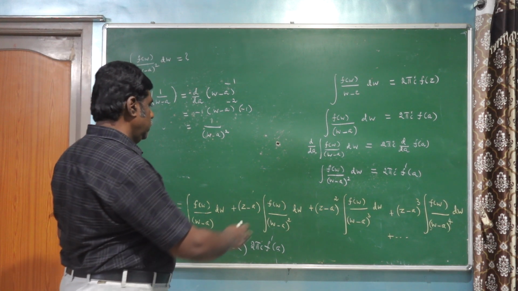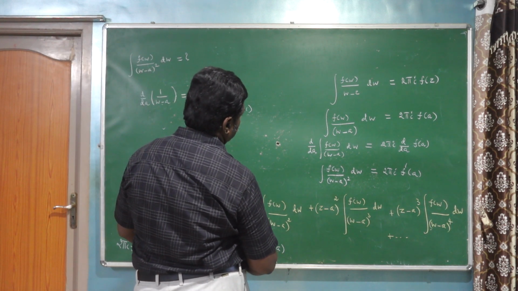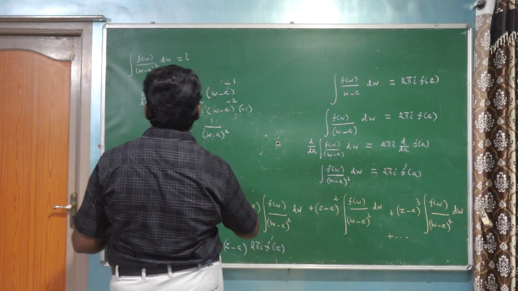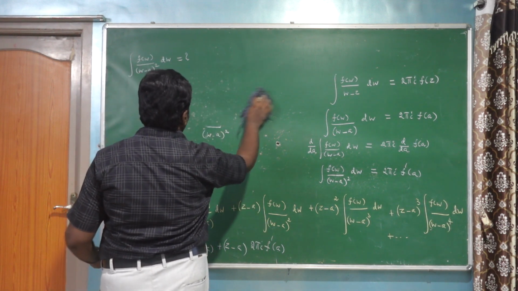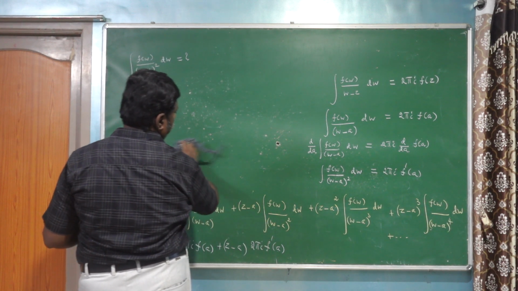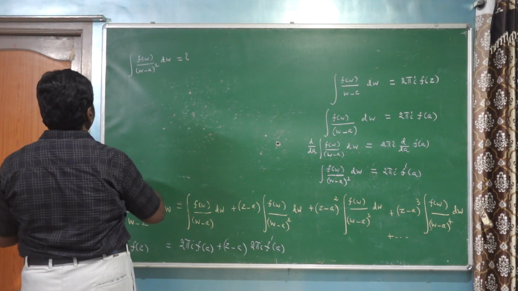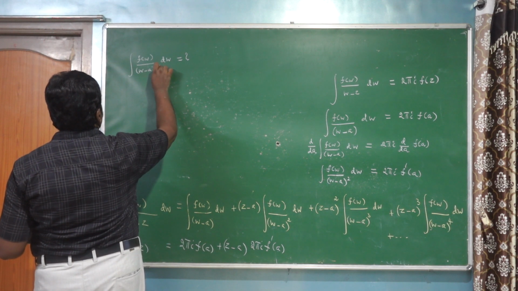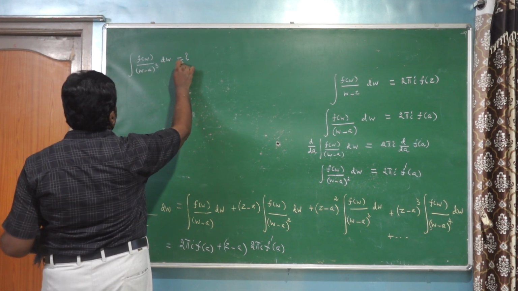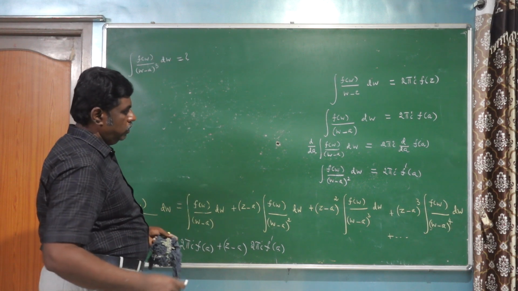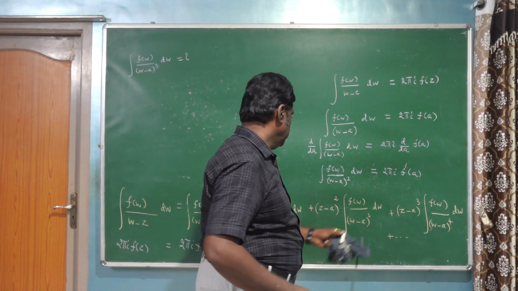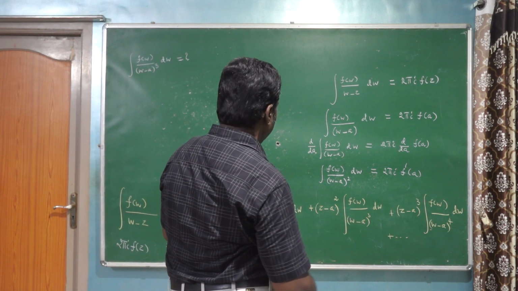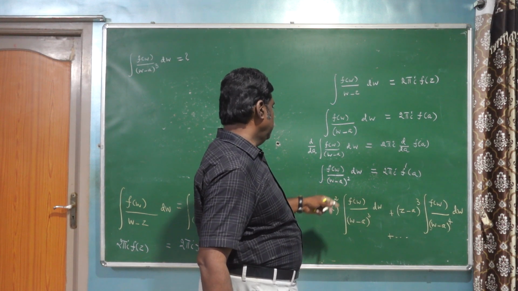Now come to this third term. We have to find out the value of the integral of f of w divided by (w minus a) whole cube into dw. For that, we have to differentiate this.